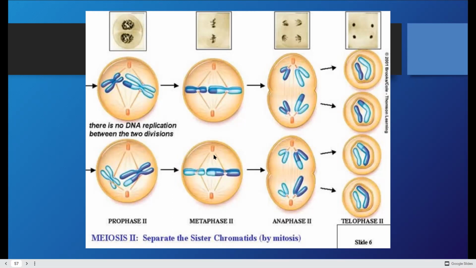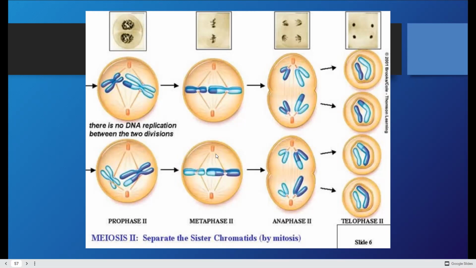Once the chromosomes are pulled by these centrioles and separate the sister chromatids, they are not chromosomes anymore, because they are pulled by the centrioles to form sister chromatids.